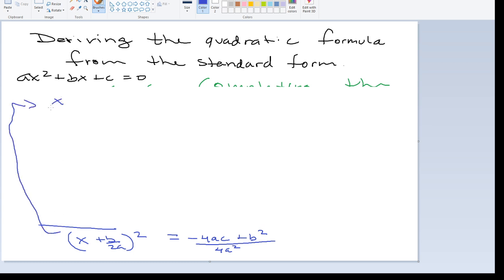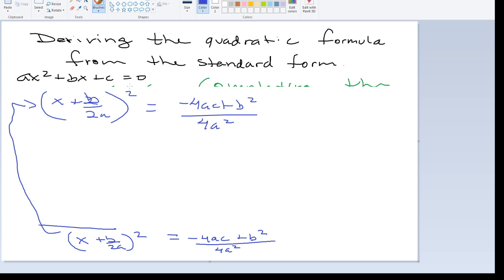So we have x plus b over 2a, all that is squared, equals negative 4ac plus b squared over 4a squared.